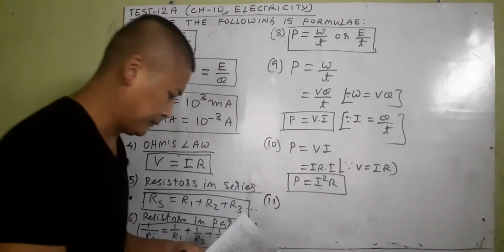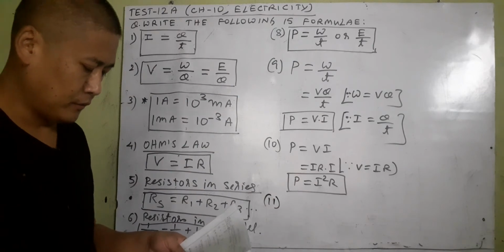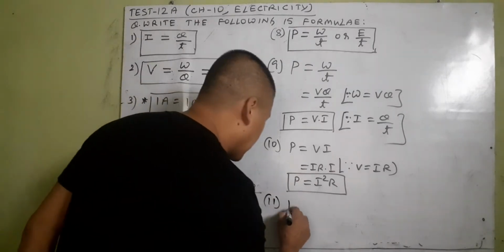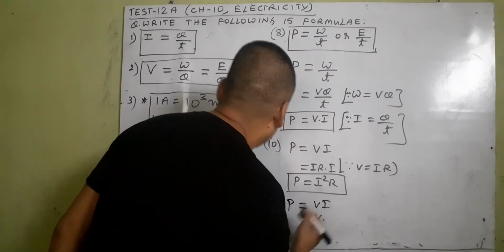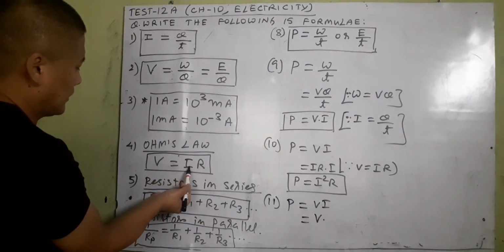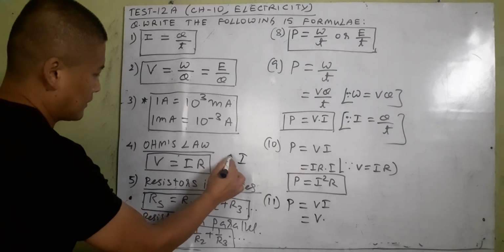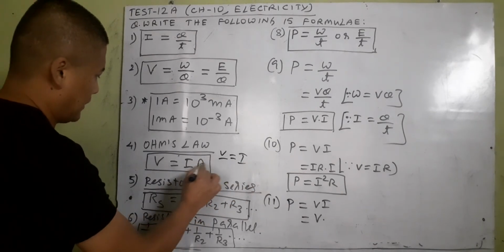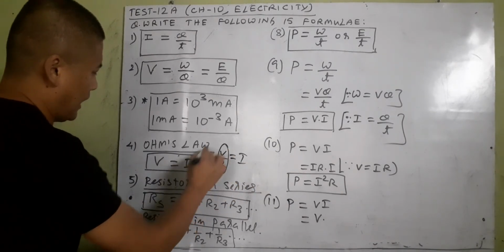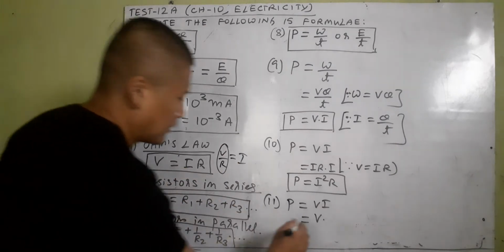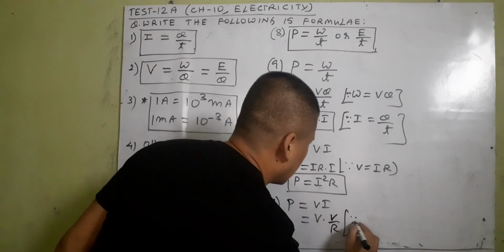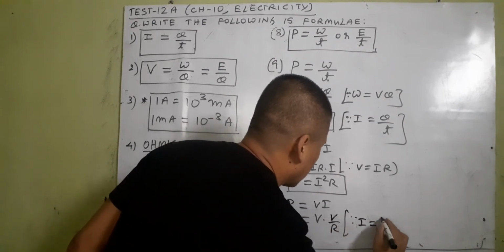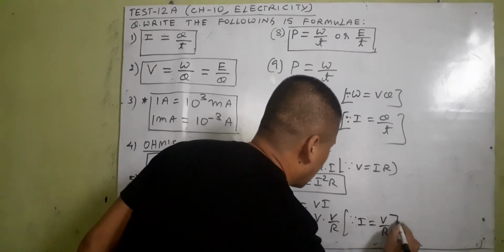Then number 11. P = V into I again. Let us write it down. Here I can be replaced by V by R, because we know from the Ohm's law equation I = V/R.